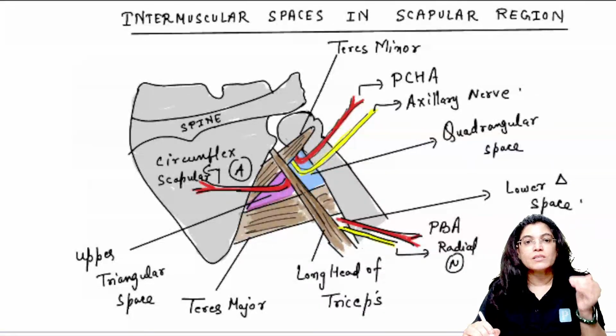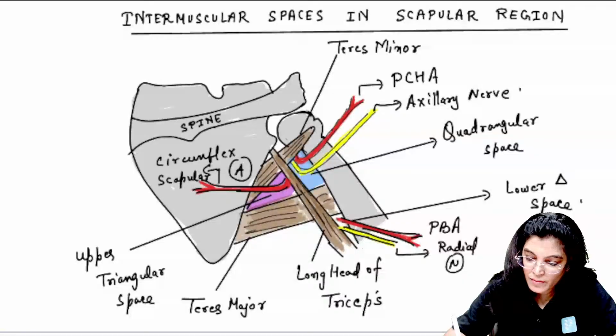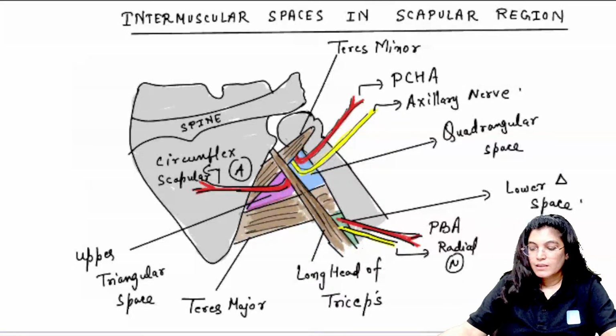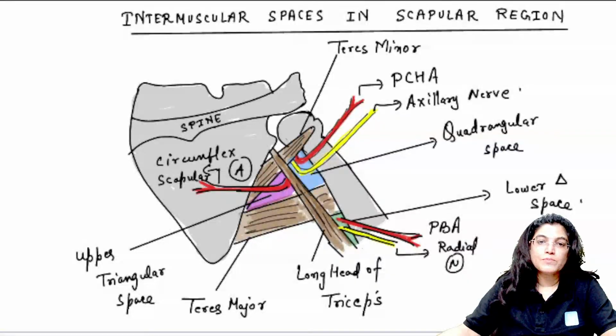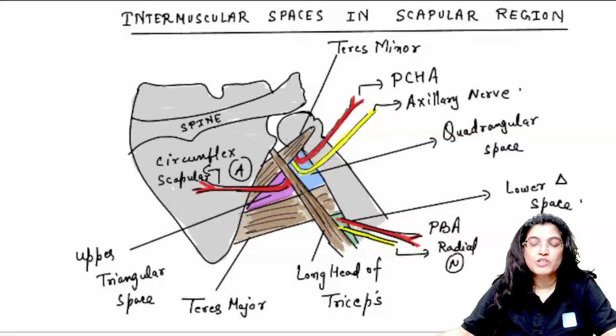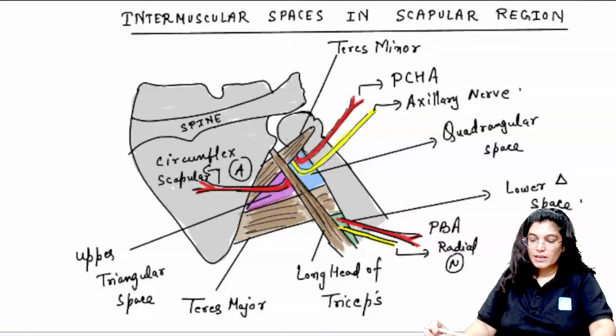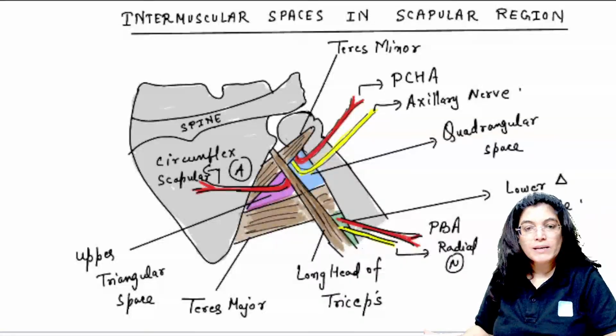The structure traversing is circumflex scapular. And the lower triangular space: above is teres major, medially long head of triceps, laterally shaft of humerus. Structures traversing are profunda brachii artery and radial nerve. So clear? Okay, it can come as an enumeration question, so quickly write down the structures and the boundaries.